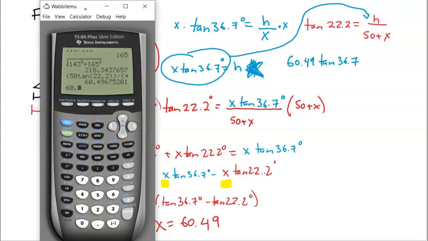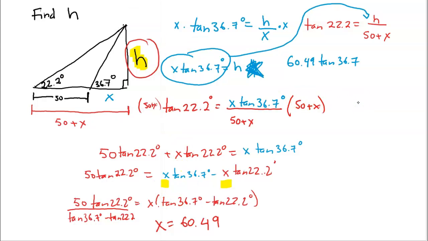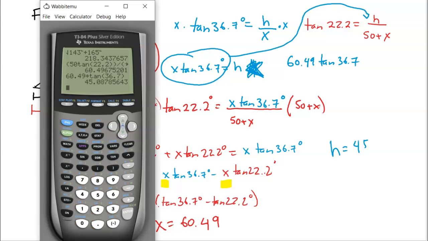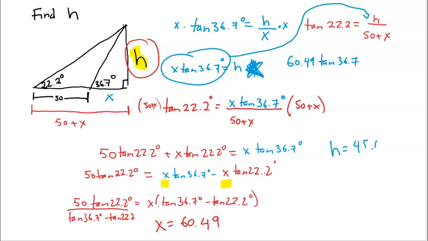So 60.49 times my tangent of 36.7, close and enter. So my height is about 45.087, so I would say 45.09. Now I didn't talk about if it's feet or inches, it's just units.